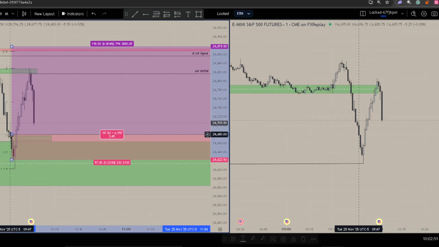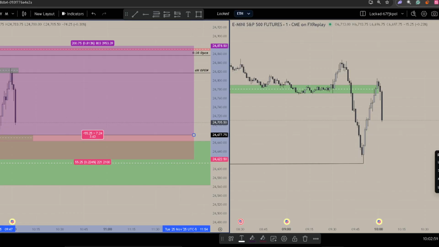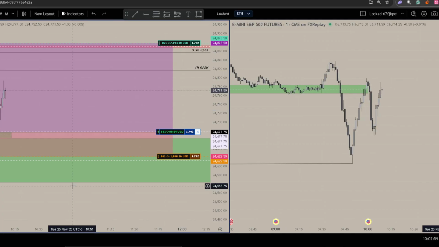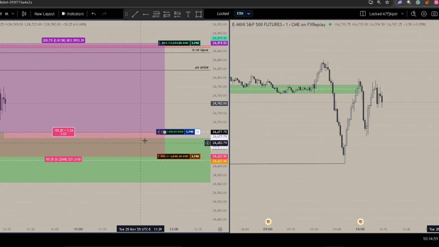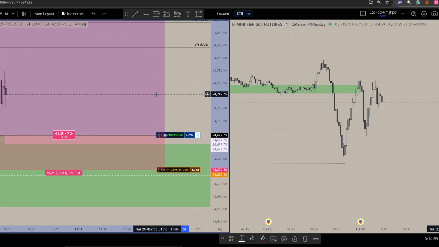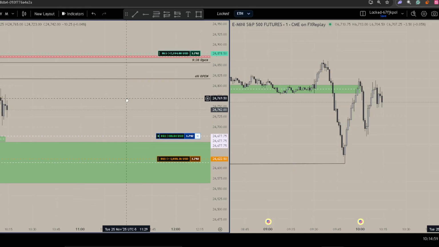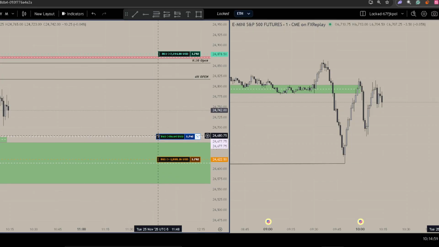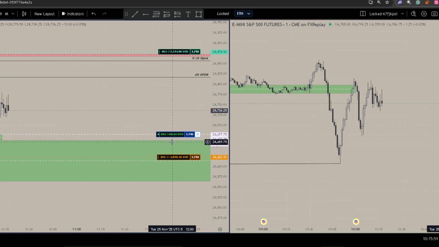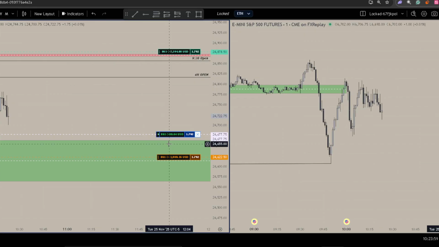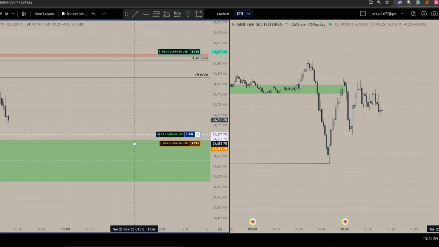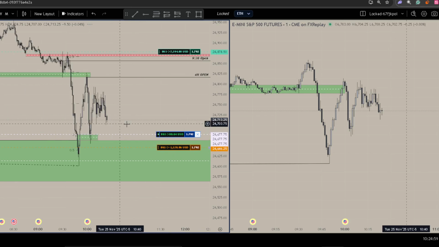But just due to us having so many gaps, I want to target this one right here and have that as my entry still. Like I'm still bullish. So boom. I'm gonna just trail my stop a little bit.